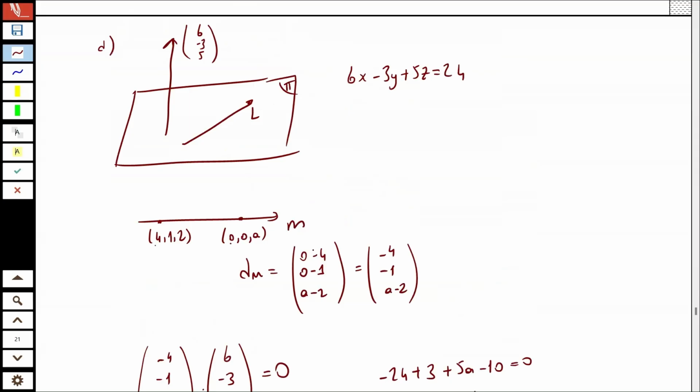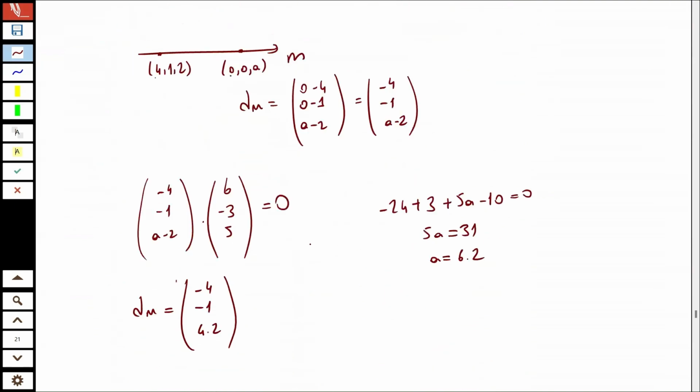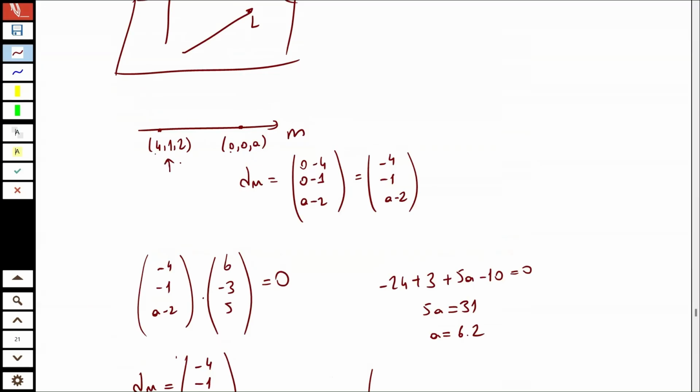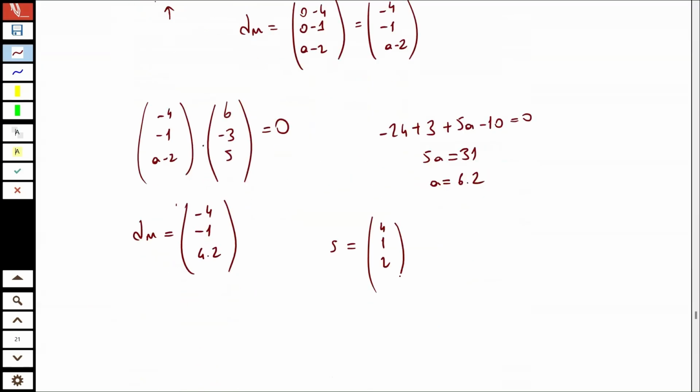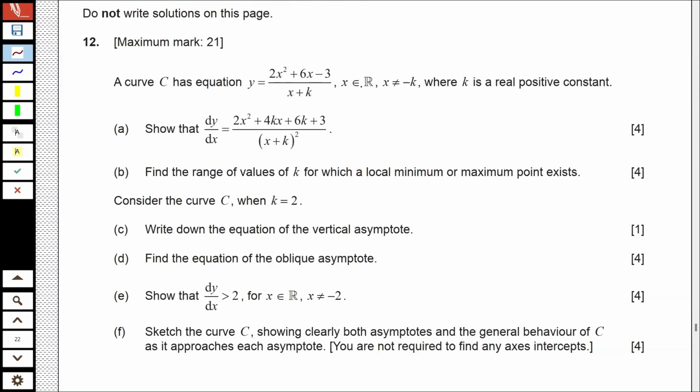In this case, we're going to write in the form r equals, we can also use this point as the initial point, (4, 1, 2), plus lambda times, and then we can multiply it by 5 to make it integer, which is minus 20, minus 5, and 21. This is the last question of paper 2.